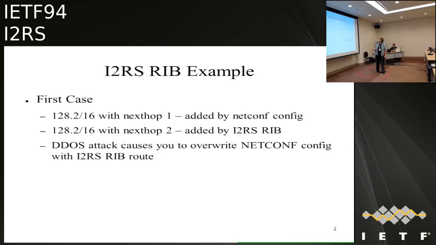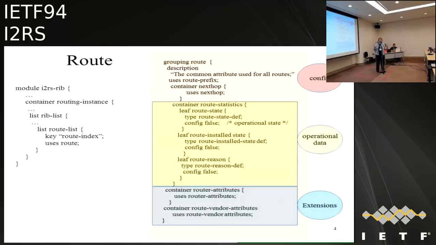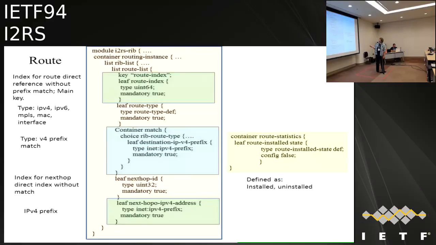Okay. So again, same model. Now I'm going to go through the I2RS model and characterize it. We have config, we have operational data, and we have extensions. I'm focusing on the config and not on the operational data. You have a route, a route index, a match for it, and next hops.